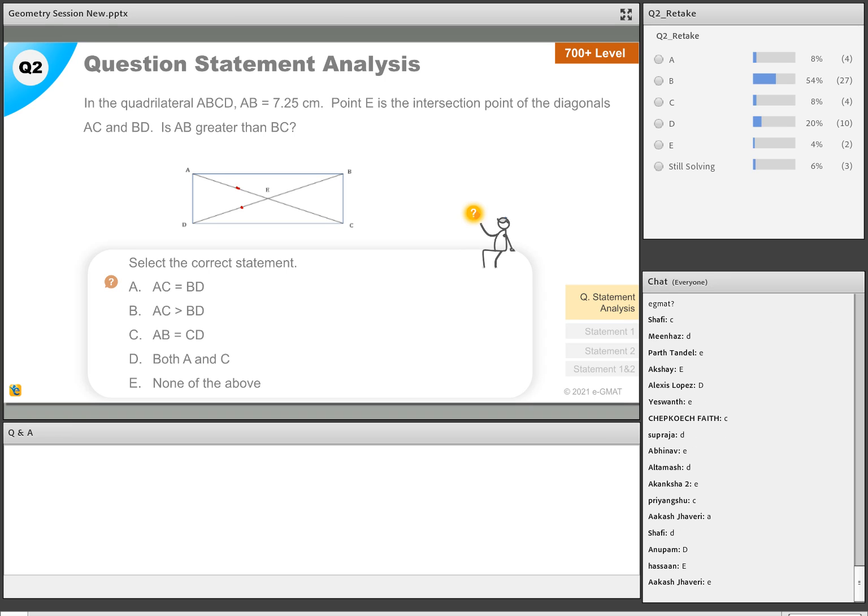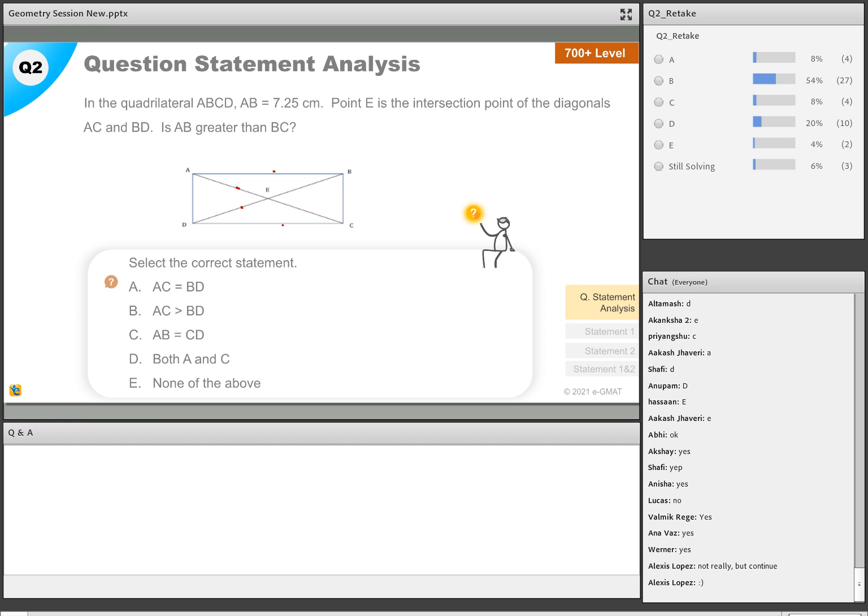Since I do not know what kind of quadrilateral this is, I cannot say for sure that the opposite sides are equal or not, right? So essentially the answer for this question is choice E. Is that clear to all of you? That's very, very important. The lesson that you learned over here is do not assume anything.